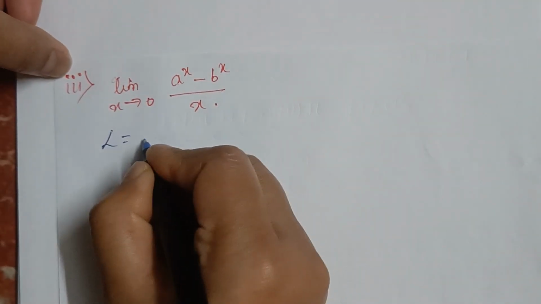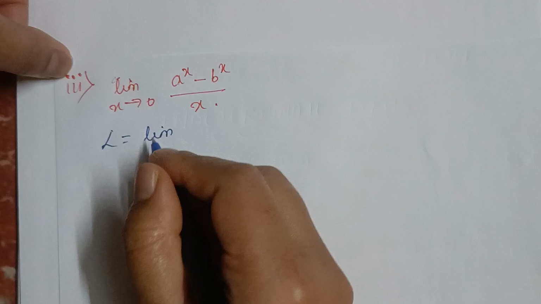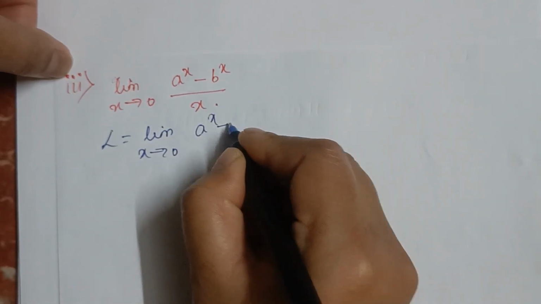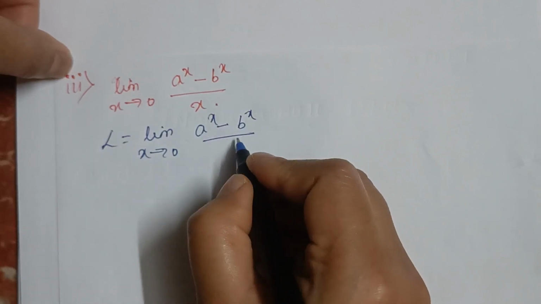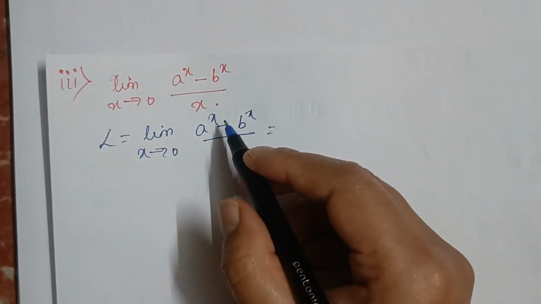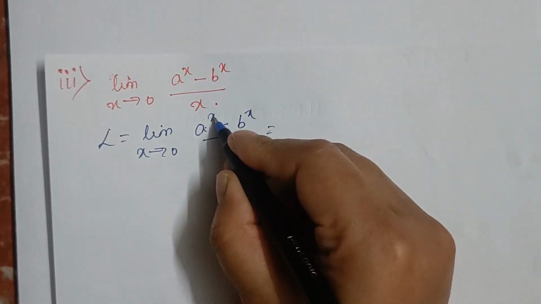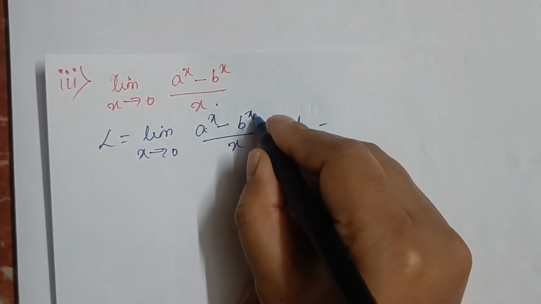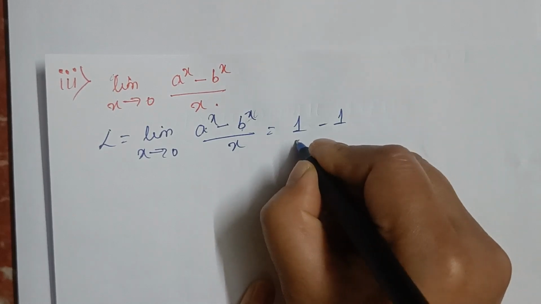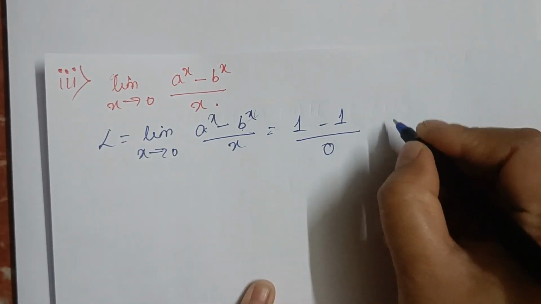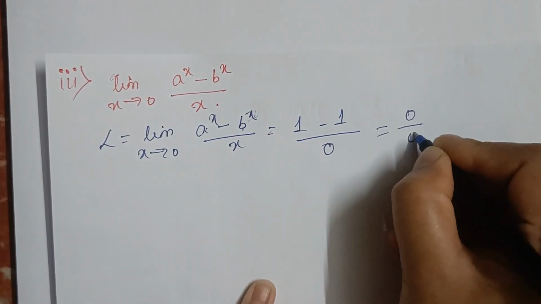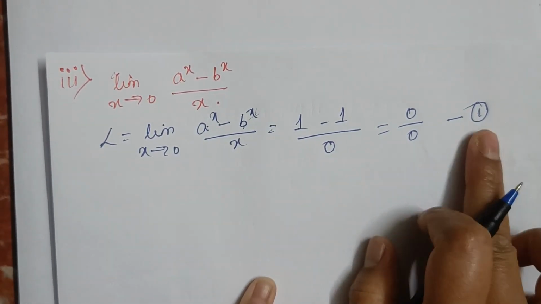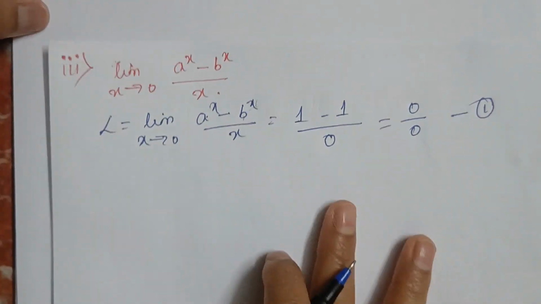So here, if I just apply zeros, it will be a power 0 minus b power 0 divided by 0. Anything to the power 0 is 1, so 1 minus 1 is 0, divided by 0. This is an indeterminate form, correct? So I have considered it as equation 1.